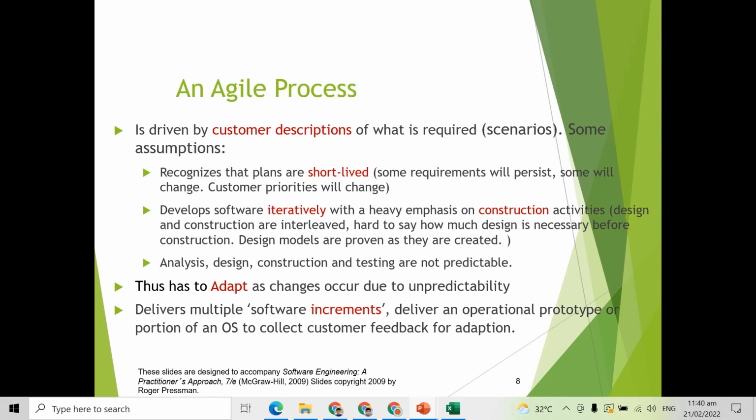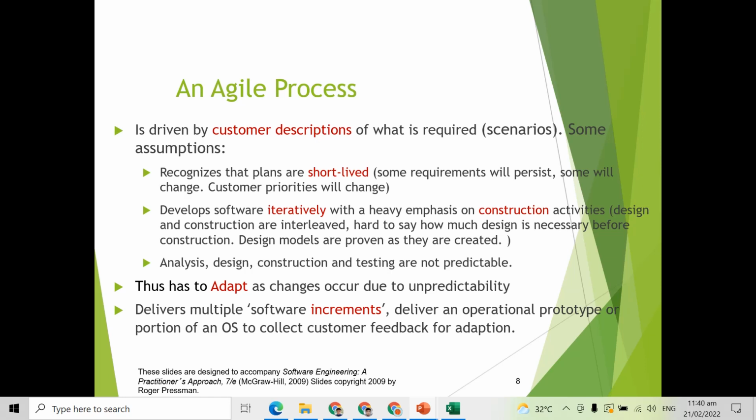An agile process is driven by customer description of what is required, scenarios. Some assumptions: it recognizes that plans are short-lived, some requirements will persist, some will change, and customer priorities will change. Develop software iteratively with a heavy emphasis on construction activities. Design and construction are interleaved.